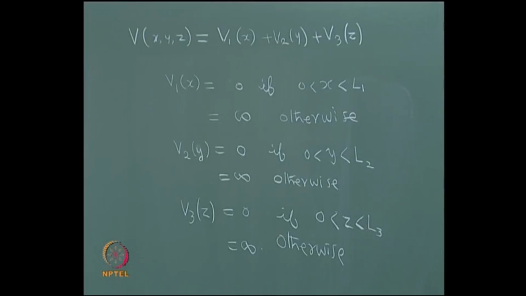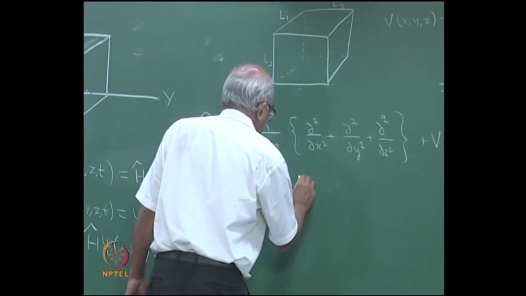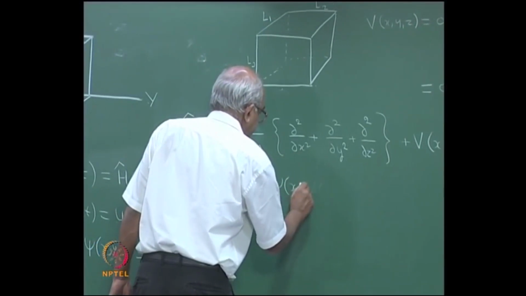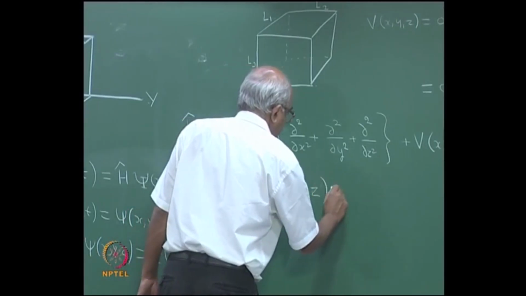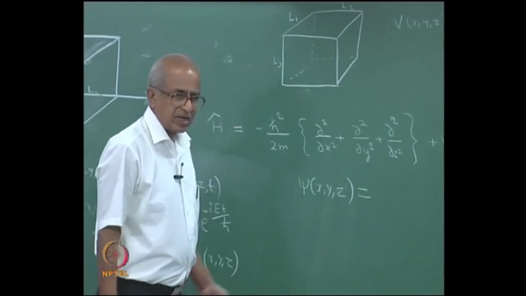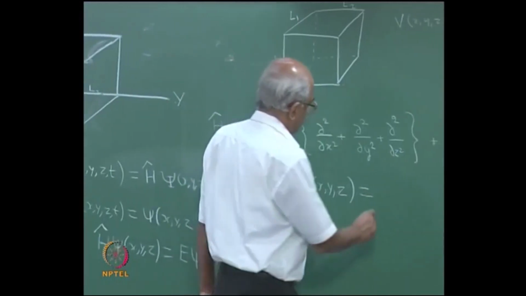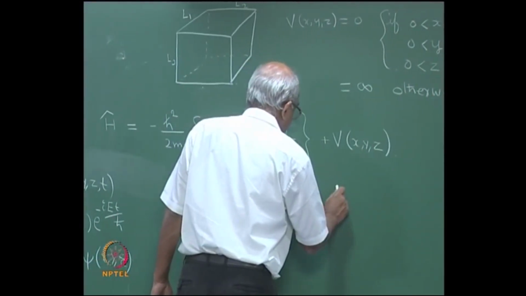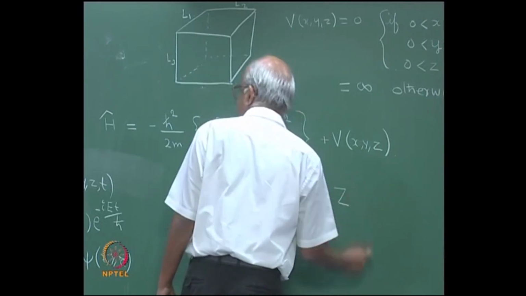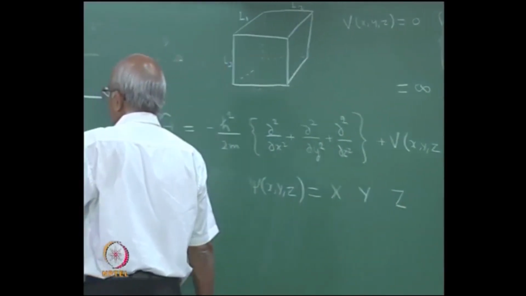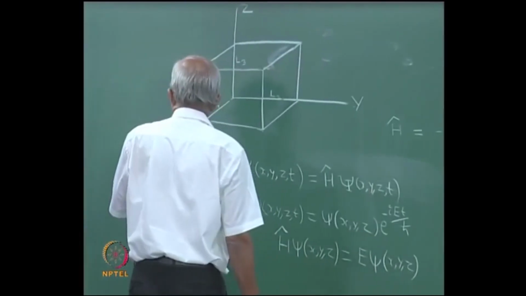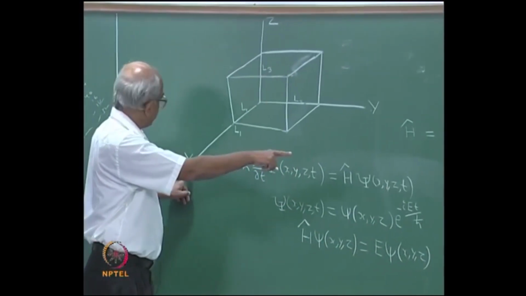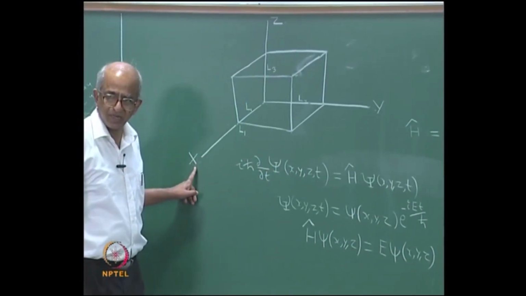Now what we will do is, we will take our psi, which is a function of x, y, z, and try to find a solution which will be written as capital X into capital Y into capital Z. I hope you will not confuse between that capital X and this small x.